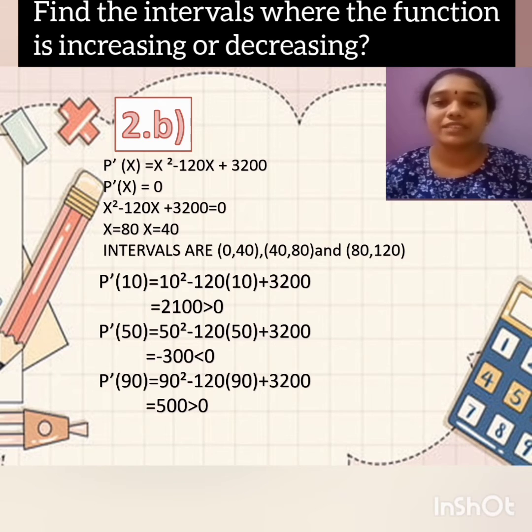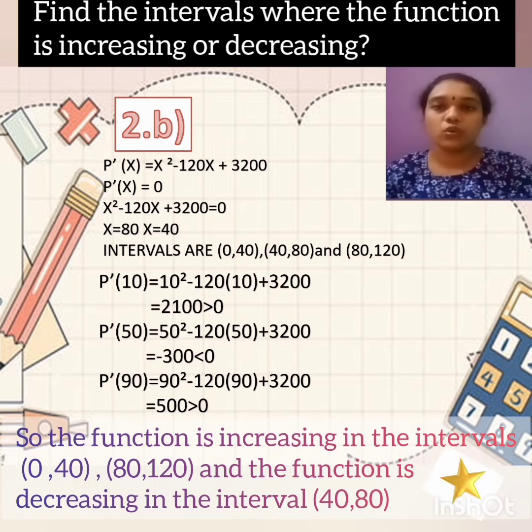For the interval 80 until 120, we use 90 as the testing number, and the answer 500 is bigger than 0. So, the function is increasing in the intervals 0 until 40 and 80 until 120, and the function is decreasing in the interval 40 until 80.